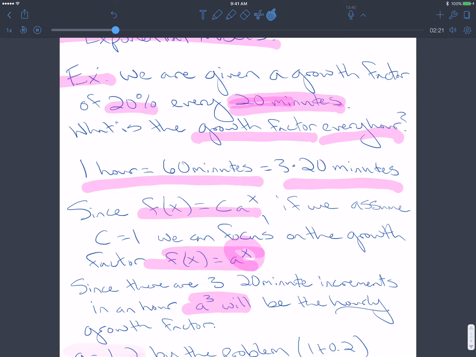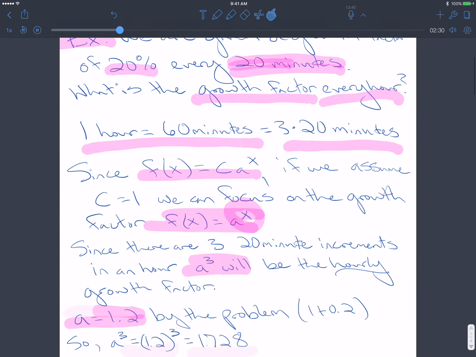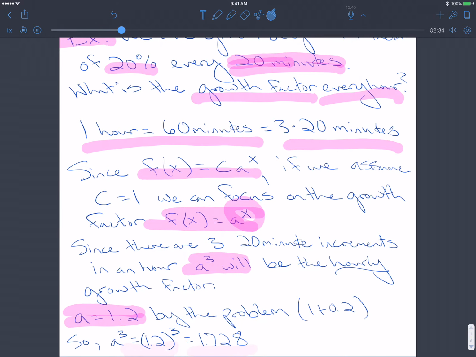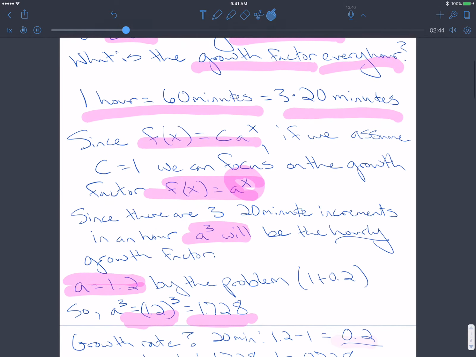So I'm not going to just multiply my answer by 3, I'm going to change my exponent in order to be consistent. So for this particular problem, a is 1.2, because if it's growing by 20%, our a is 1 plus the 0.2, which gets us 1.2. And a cubed is 1.2 quantity cubed, which is 1.728.